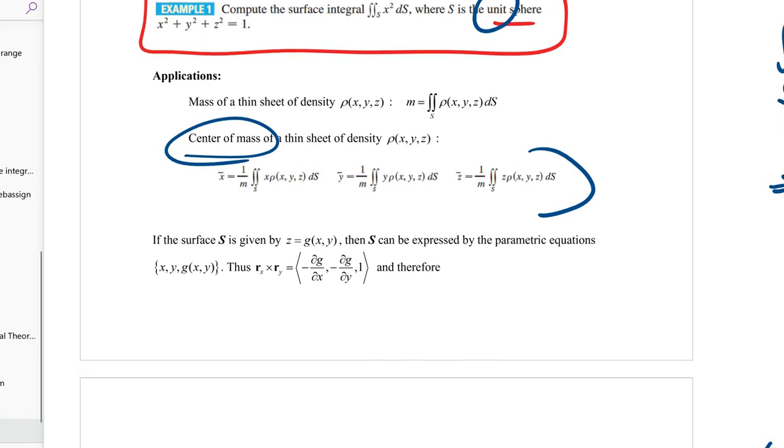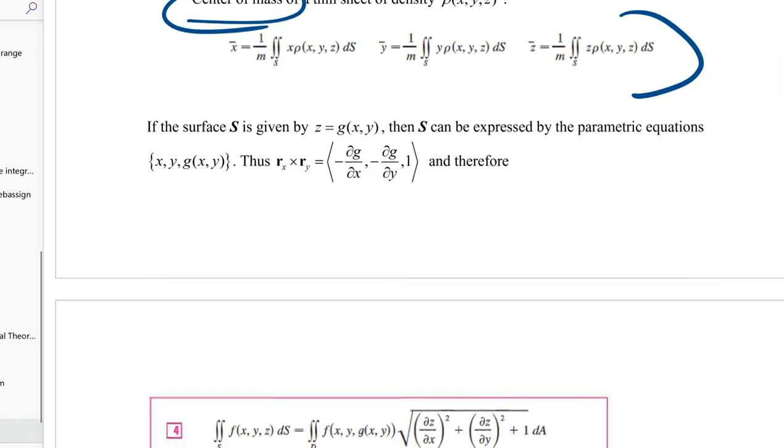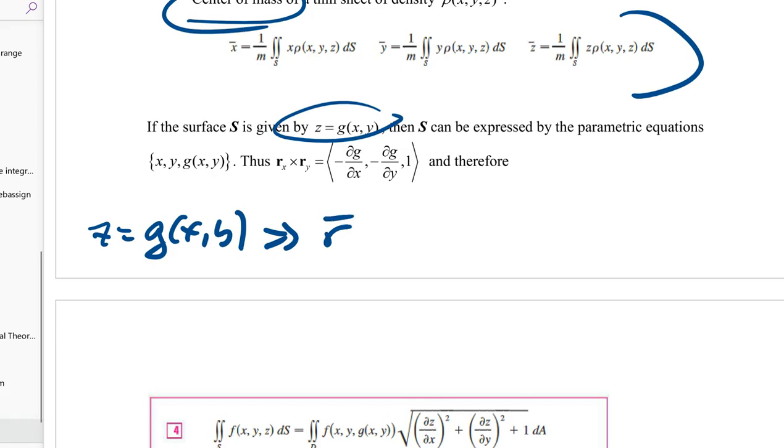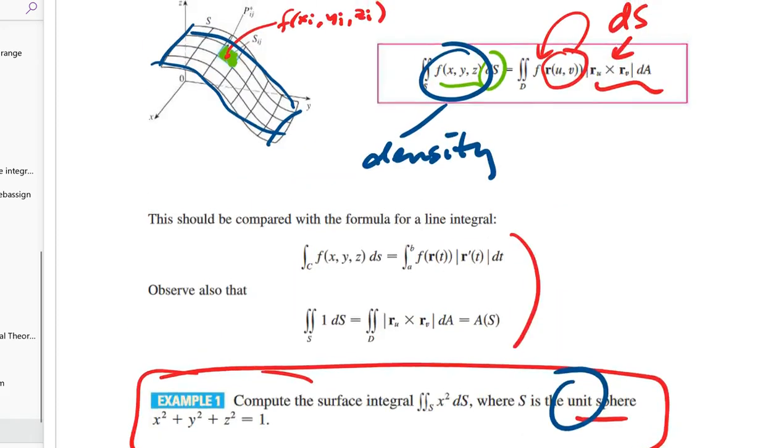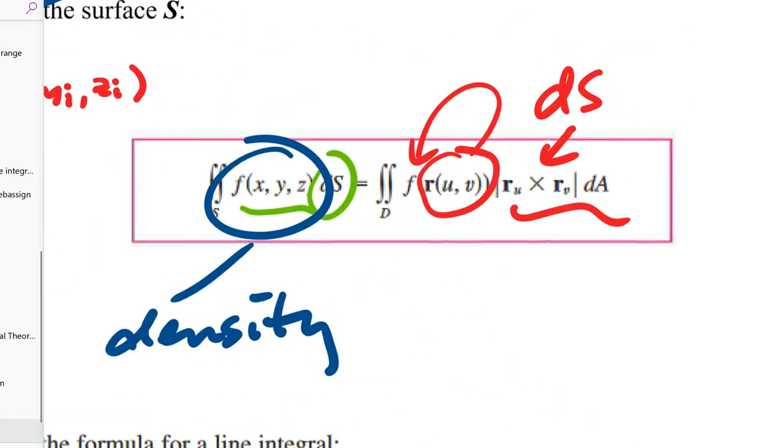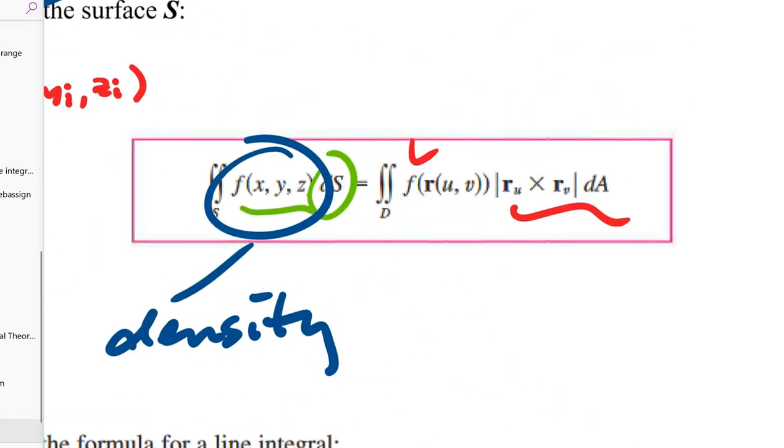Okay, so here's if the surface, it says here, if the surface is given by a function of z, let's say z is g of x, y. All right, so then remember from the previous section, r of x, y will be x comma y comma g of x, y. So when we need to find the length here, it's no longer in terms of u and v, all right?